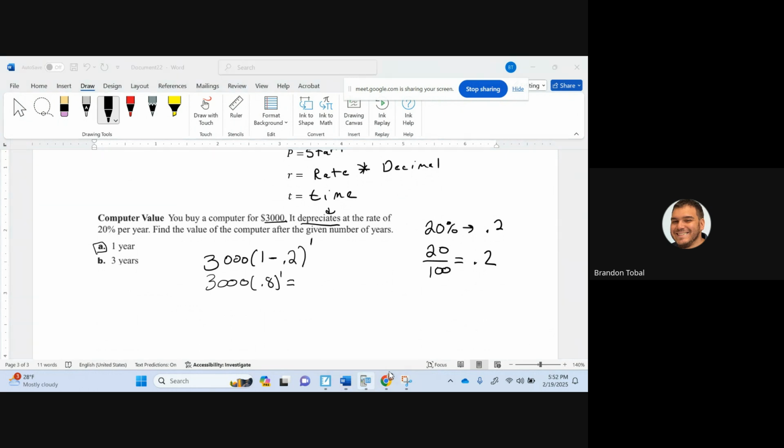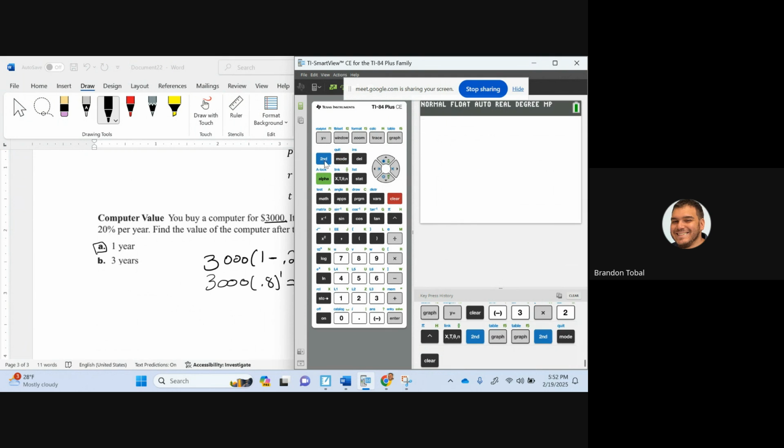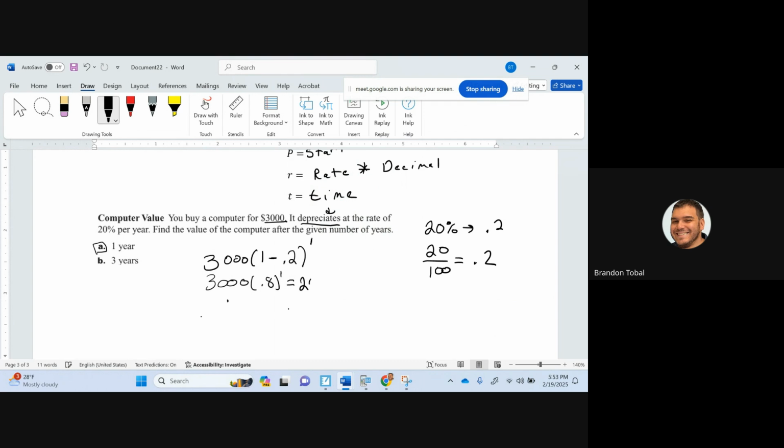And I just type that in the calculator. I'll go back to the normal screen. If you ever need to go back to this normal screen from y equals, you click second and mode. That makes the word quit for you, okay? So 3,000 times 0.8. There's no exponent, so no need to put the exponent. So it's 2,400.